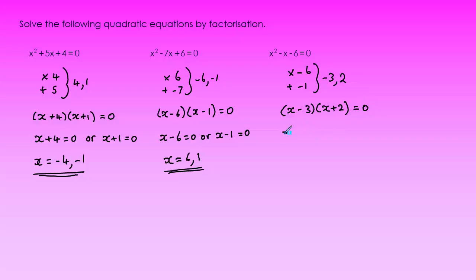Using the null factor law, x minus 3 equals 0, or x plus 2 is equal to 0. So this one gives me that x must be 3, this one that x must be negative 2.